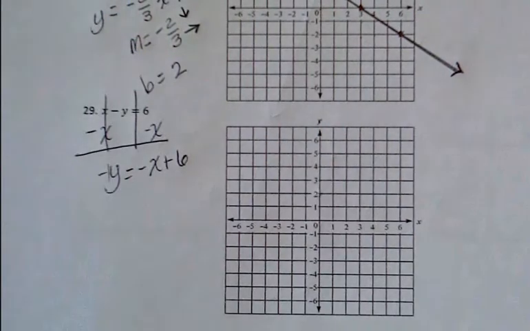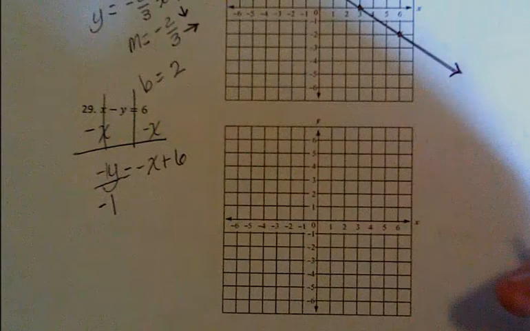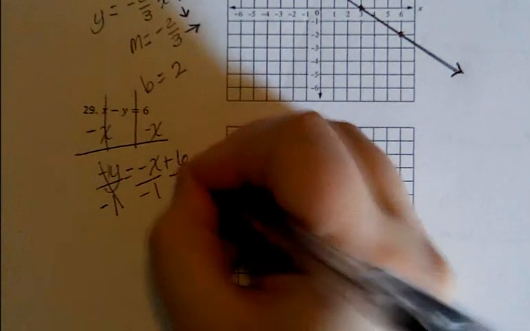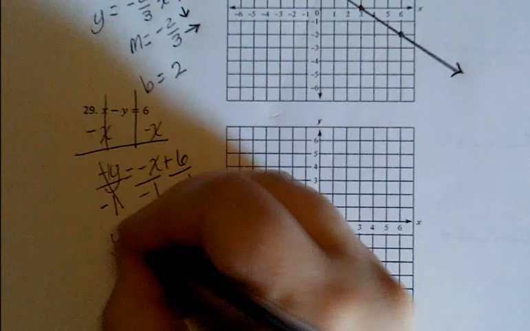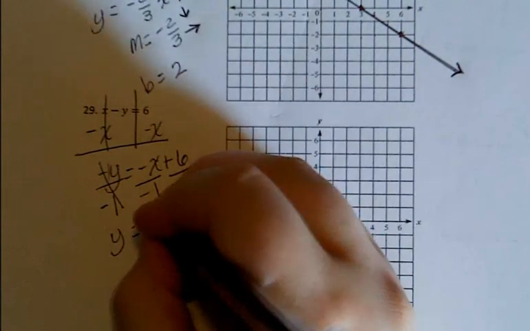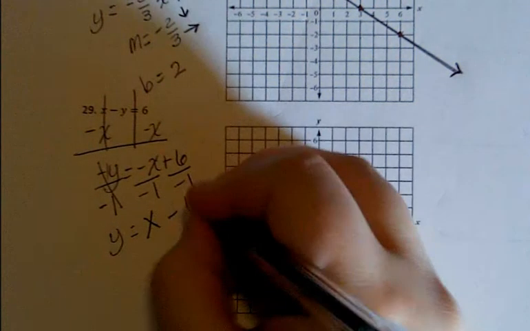So the opposite of having a negative 1y, that means multiplication, so the opposite of that would be to divide by negative 1. That's how we get these to cancel. So I have y equals negative x divided by a negative 1 is a positive x, and then a positive 6 divided by a negative 1 is a negative 6.